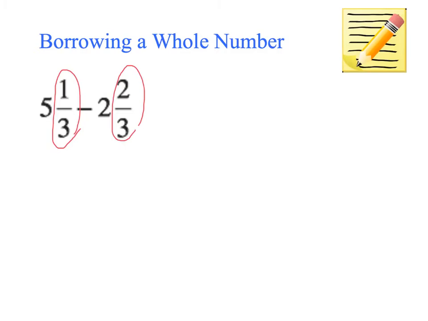So we're going to take 1 away to make that 4, and then we're going to put 3 pieces of the whole with the 1. So it'll be 3 plus 1. So that will make it 4 and 4/3.